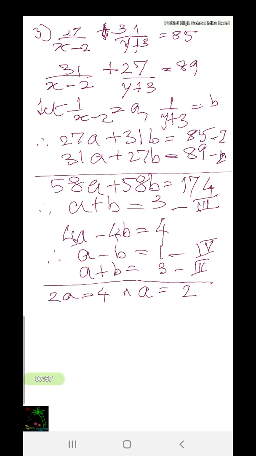But we know that a is equal to 1 upon x minus 2, and a is also equal to 2. Therefore x minus 2 is equal to 1 upon 2. Therefore x is equal to 2 integer 1 upon 2.